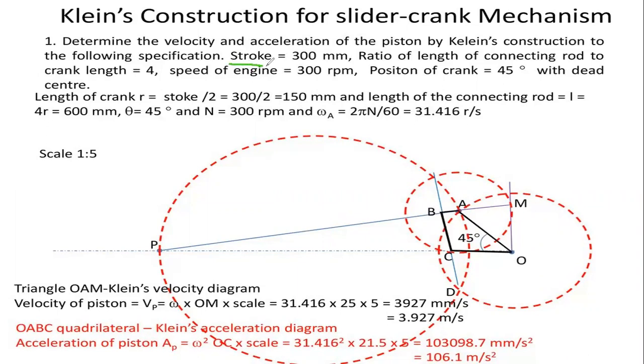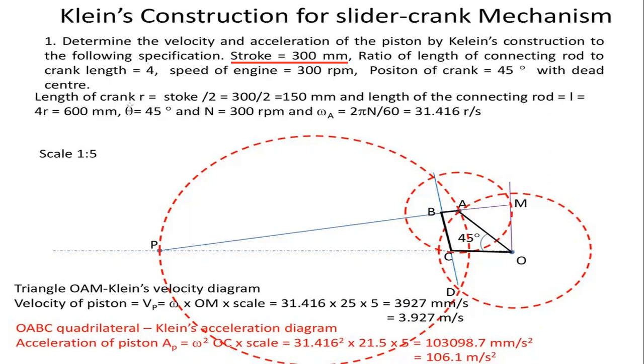So stroke is equal to 300 mm. We are taking the crank radius as half of the stroke length.